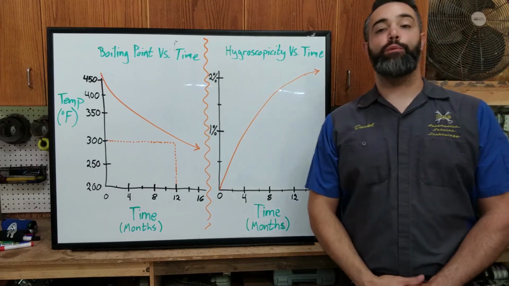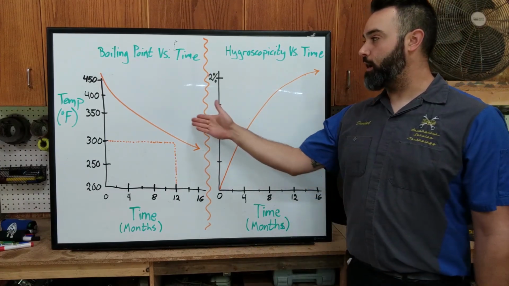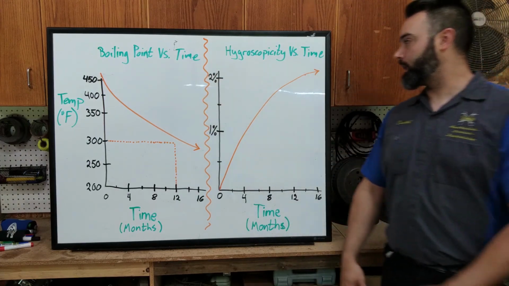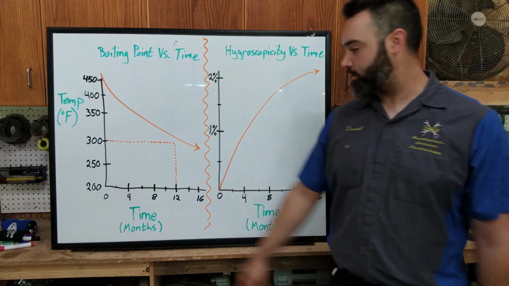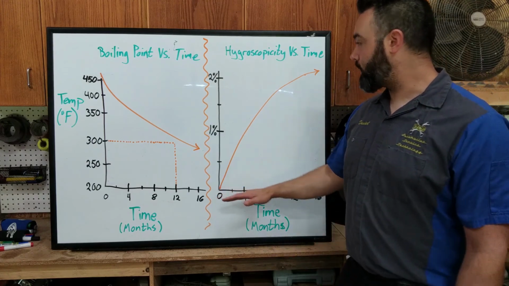Here is a visual representation of what this looks like. In this graph, we have boiling point versus time, and in this graph, it is hygroscopicity versus time. So our time is measured out in months. We go from 0 to 16 months down here on both scales.